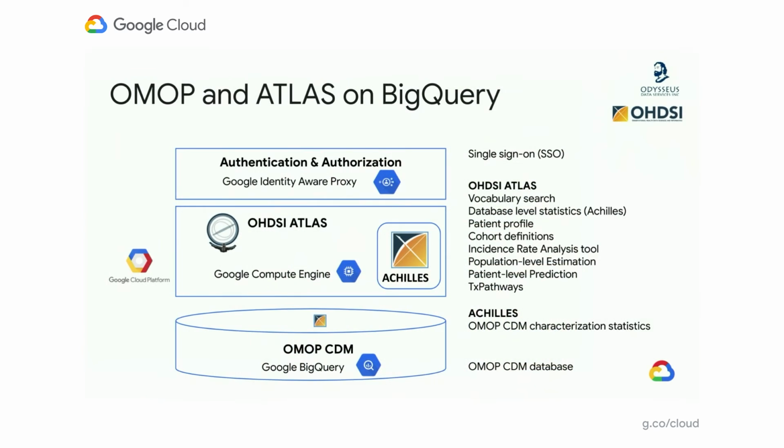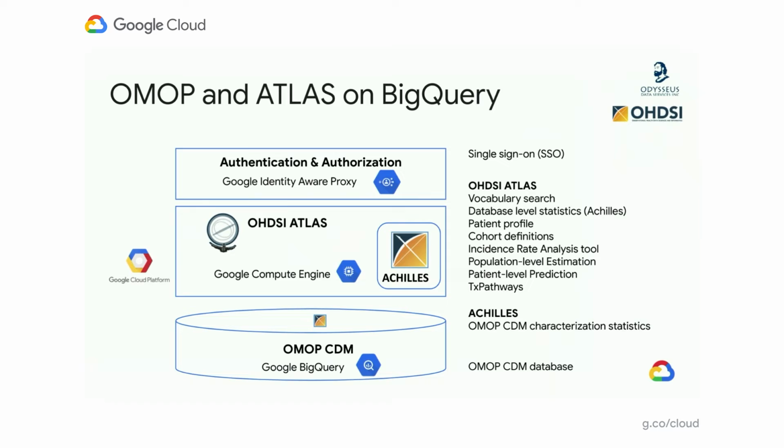And we recently launched the OMOP Common Data Model as an open source GitHub repo on top of BigQuery, and further the Atlas cohort definition tool on top of Cloud Marketplace in Google Cloud. And what that allows you to do is to use the OMOP Common Data Model and analyze the data on BigQuery directly.